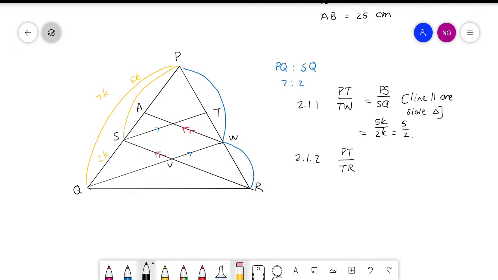Okay, what can I do now? Any ideas there?